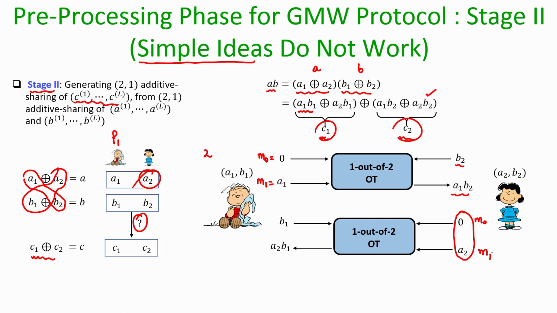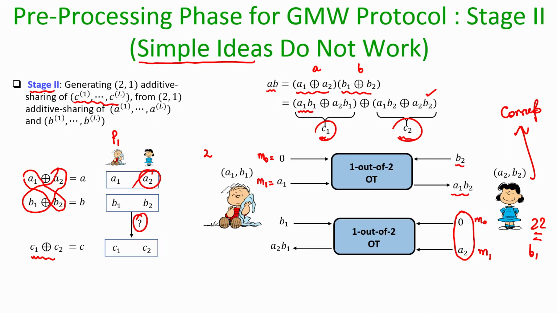As a result of the correctness of the OT protocol, the first party obtains the cross term A2 times B1, and a potentially corrupt P2 does not learn anything about B1, because B1 is the choice bit of the receiver here, and if indeed the OT protocol has receiver's privacy, then the second party, who is acting as the sender, does not learn anything about the choice bit, which is B1.